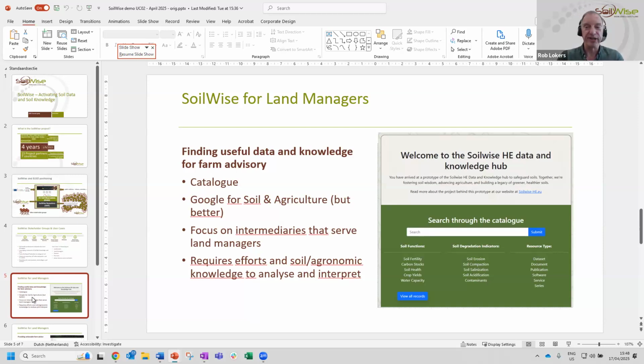Maybe you even have to analyze and interpret the data yourself. So we see it more as a tool for intermediaries like advisory services or companies serving farmers or land managers, as a source to provide value to their customers.